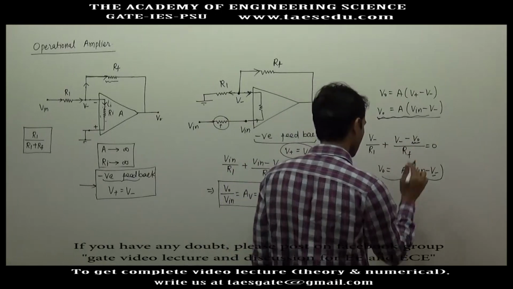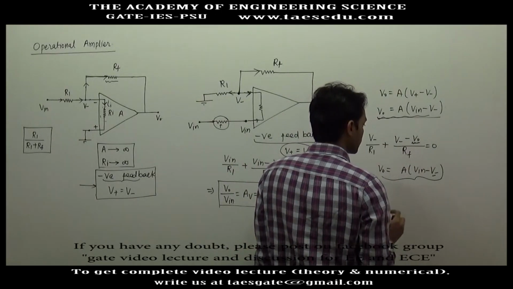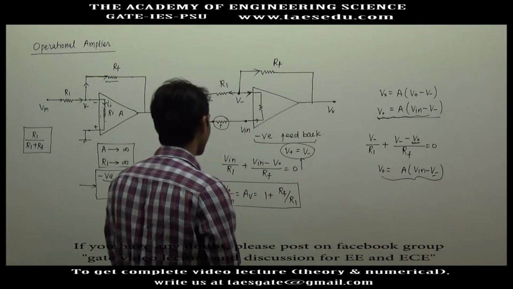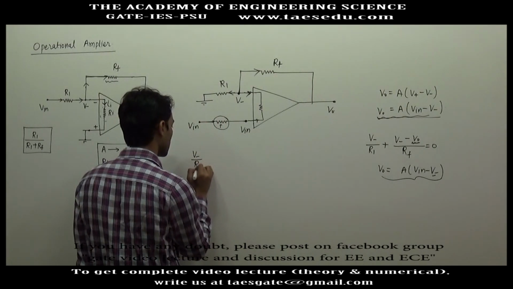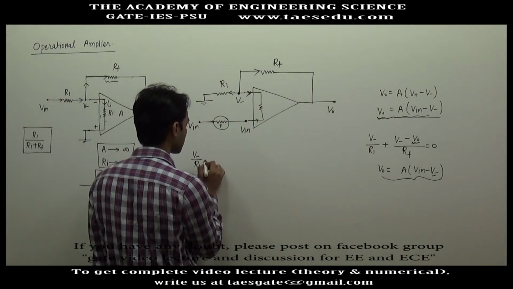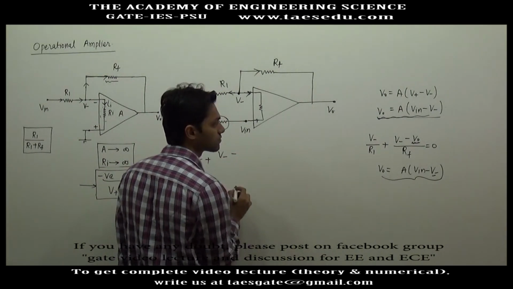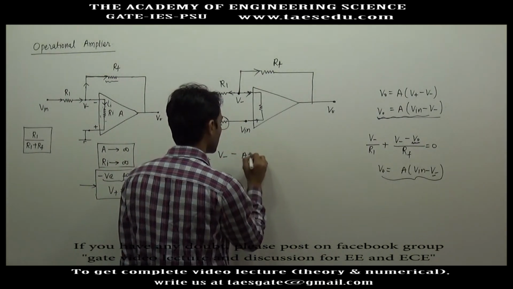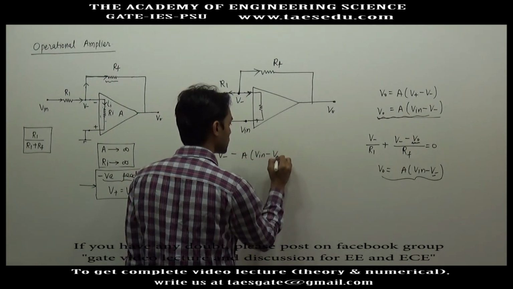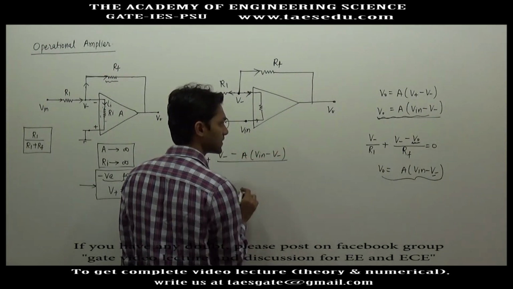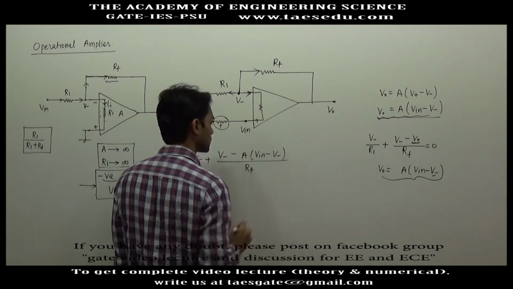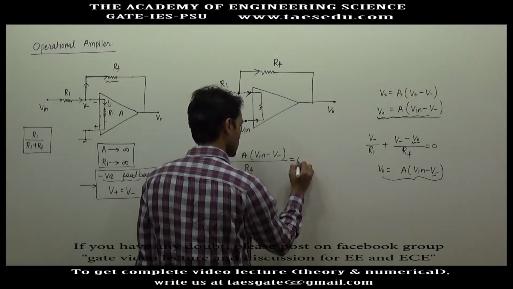If you solve these two equations, let me solve it. V minus divided by R1 plus (V minus minus V naught), where V naught is A into (V input minus V minus), divided by RF, equal to 0.